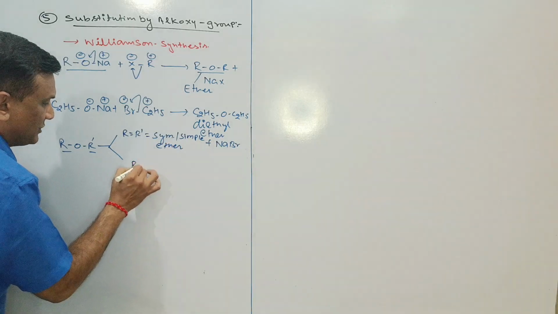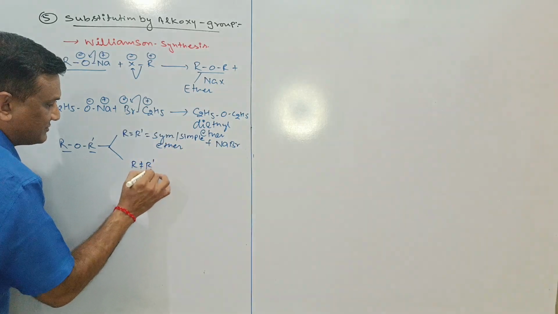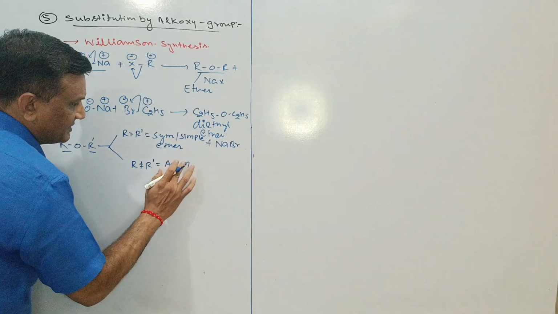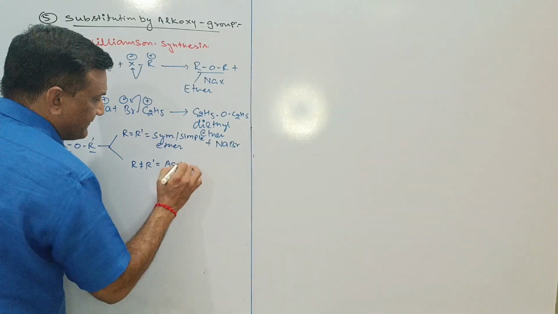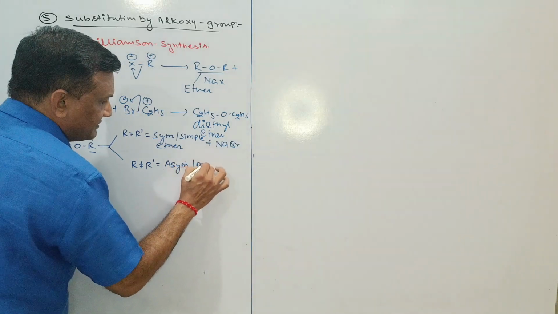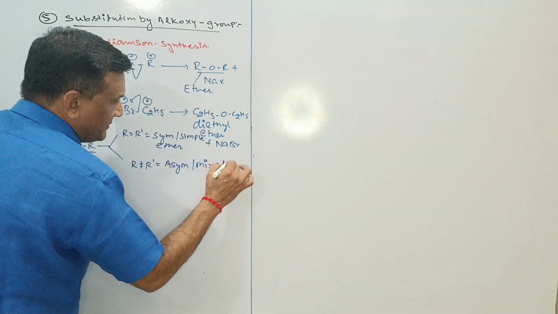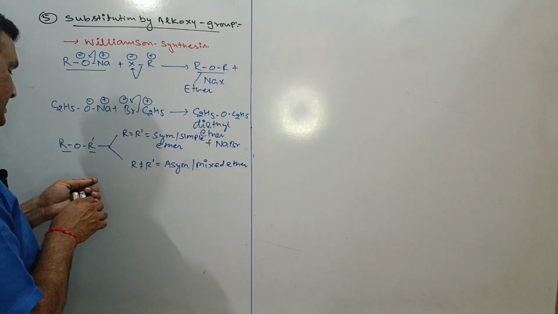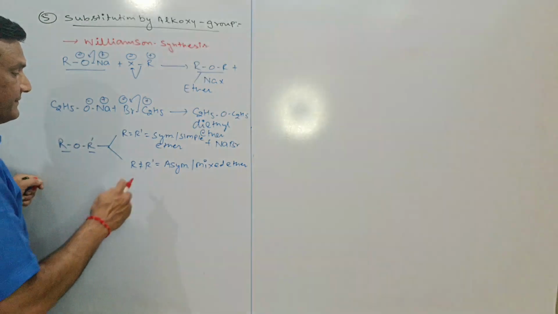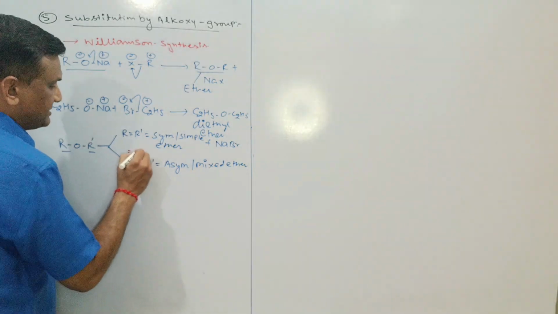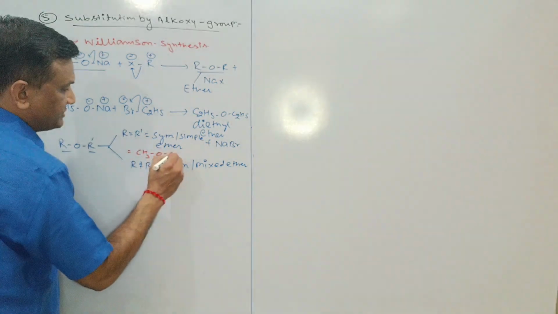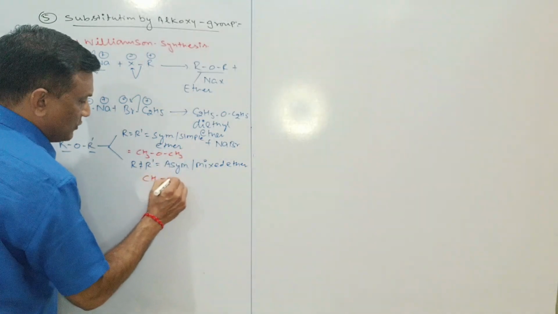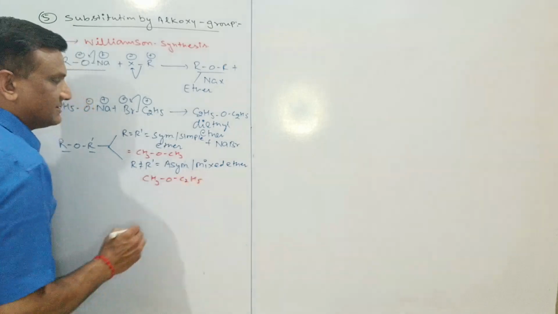And if both are different, R is not equal to R dash, they are known as asymmetrical or mixed ether. For example, CH3OCH3 is a simple ether, and CH3OC2H5 is a mixed ether.